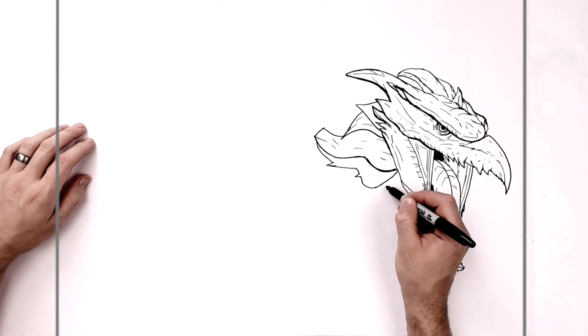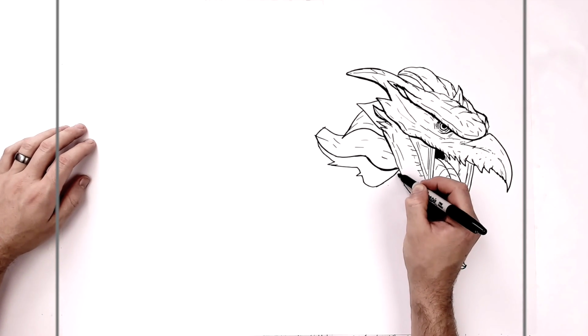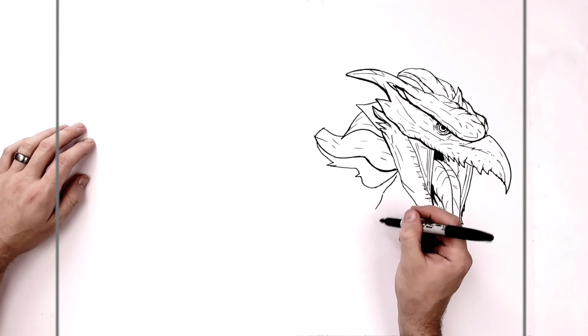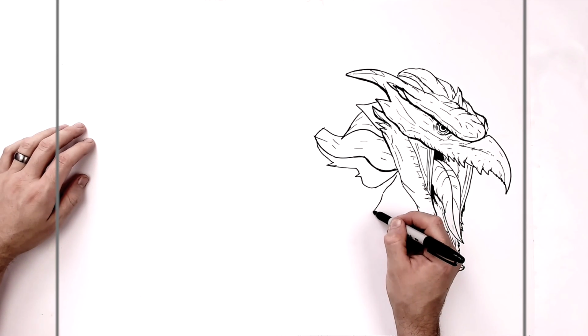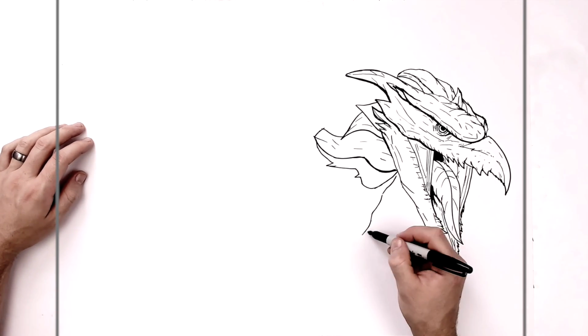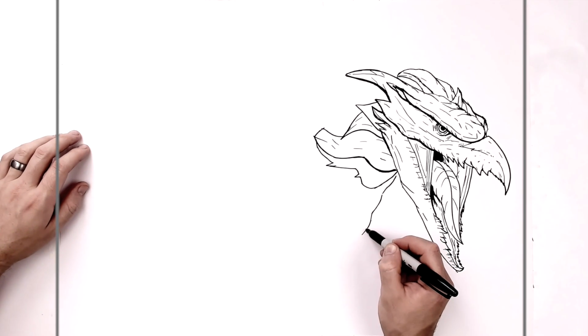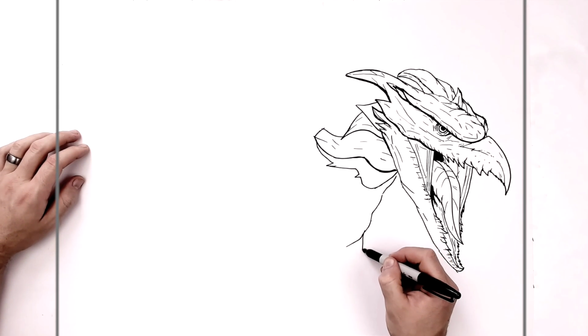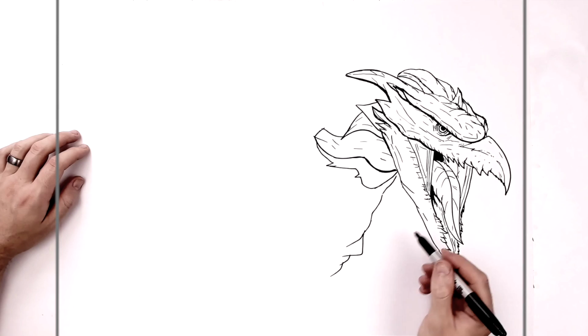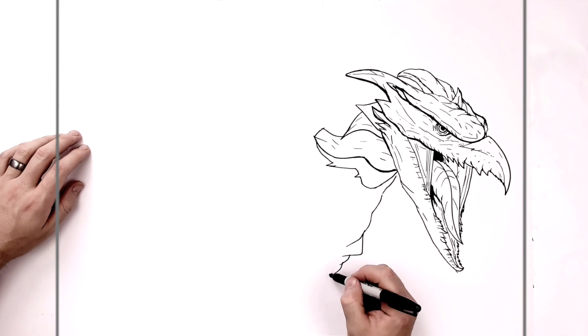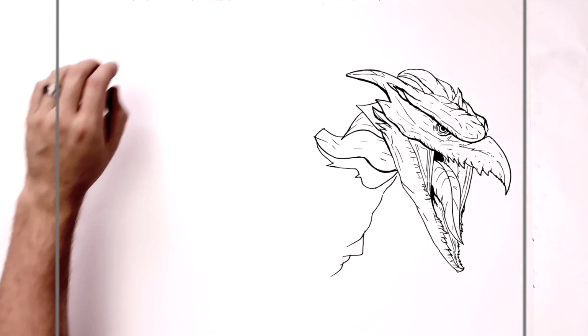So this should be the center. So we'll go down there, and then this is bumpy, right? We'll just add these, right? And scales all sticking out. Like there.